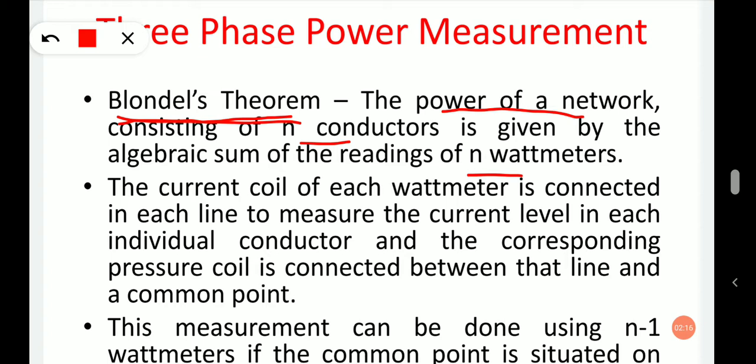These wattmeters are arranged in such a way that the current coil of each wattmeter is connected in each line to measure the current level in each individual conductor, and the corresponding pressure coil is connected between that line and a common point.